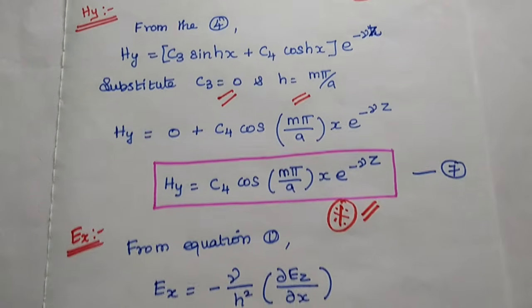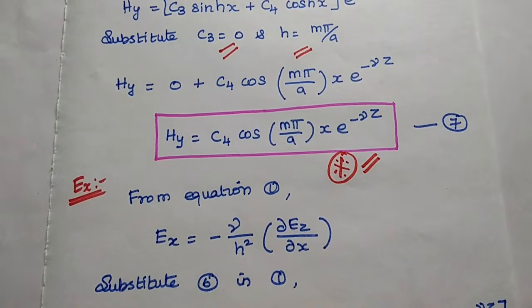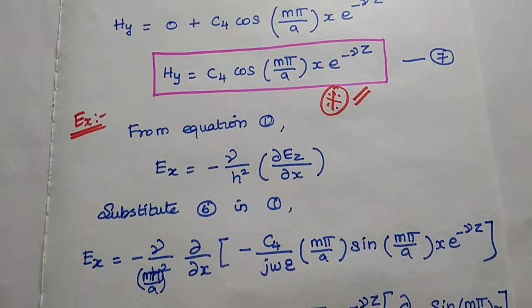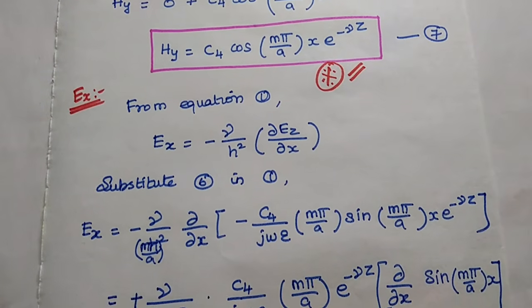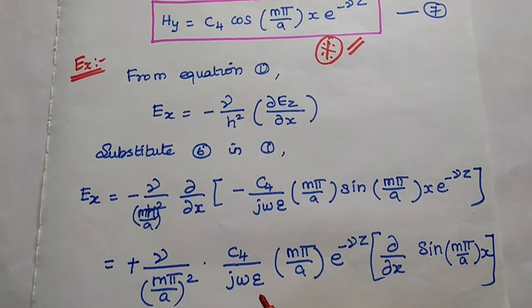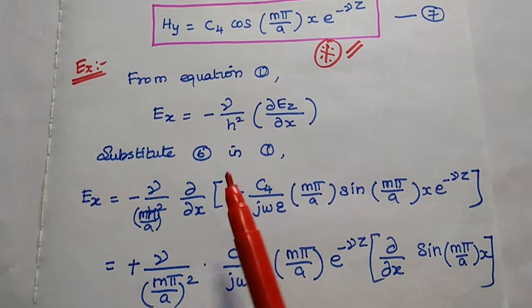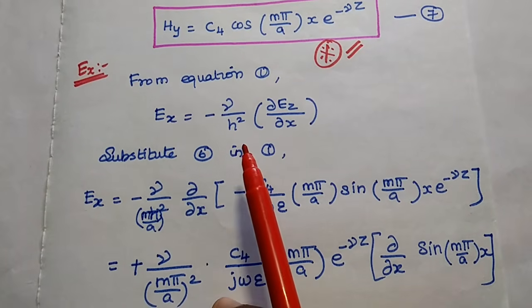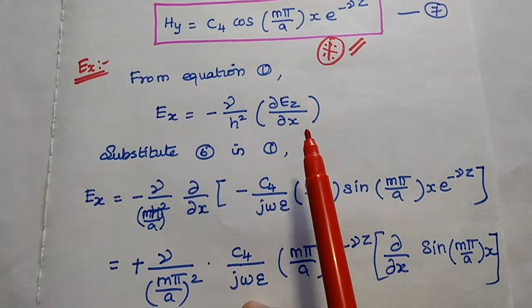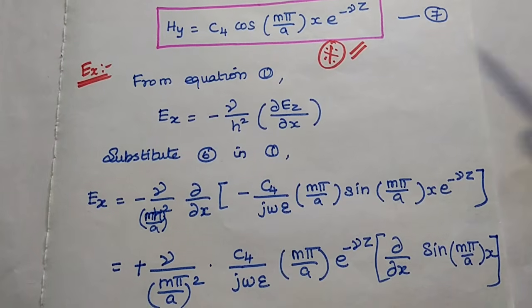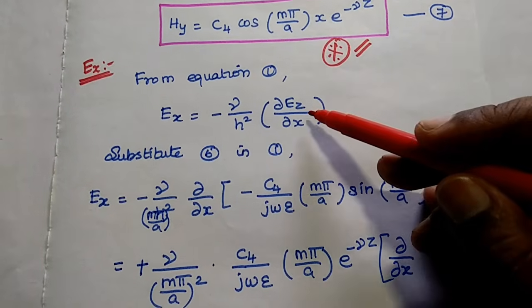Okay. And finally we are going to derive the Ex field component for TM waves. Here we can consider the first equation. So what is the first equation? That is the general field component Ex is equal to minus gamma by h squared dou Ez by dou x. Here we are going to substitute the sixth equation, that is the Ez value.